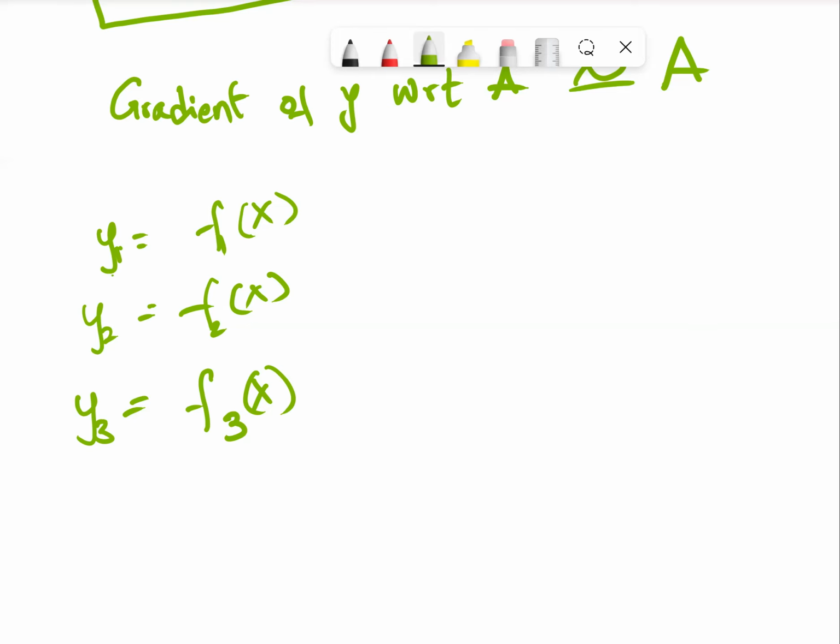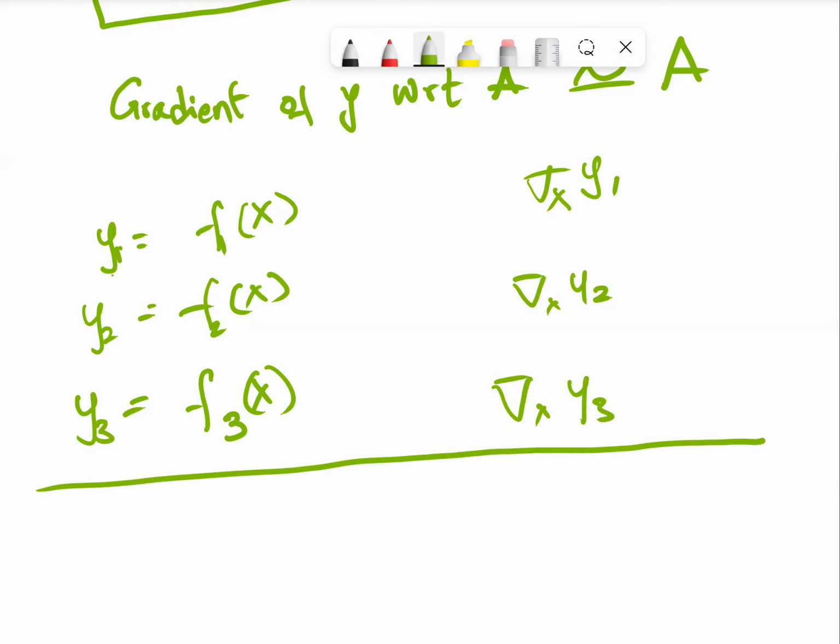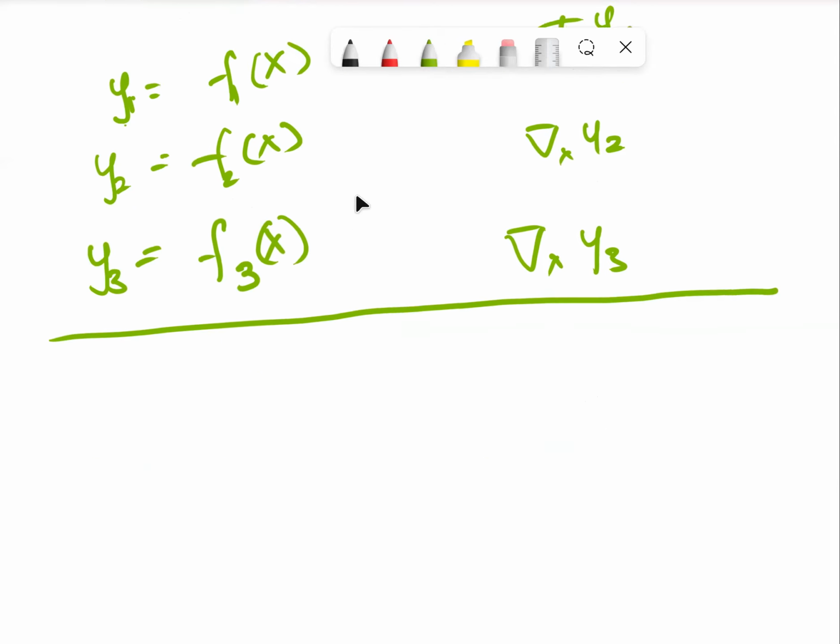A row vector, right? So correspondingly, this is going to be a row vector. This is going to be a row vector. This is going to be a row vector, right? Now I can write all of these as a single vector equation, like so.